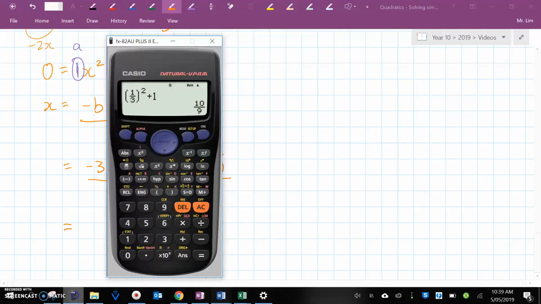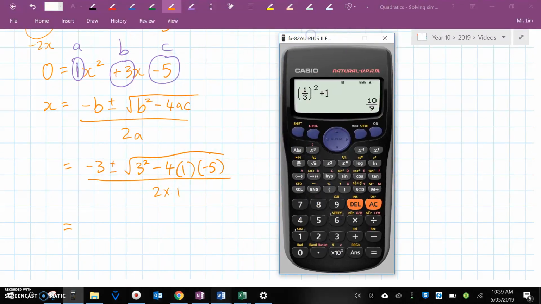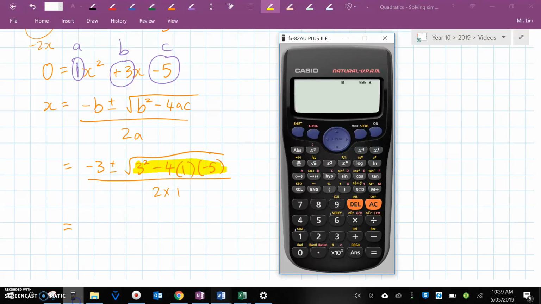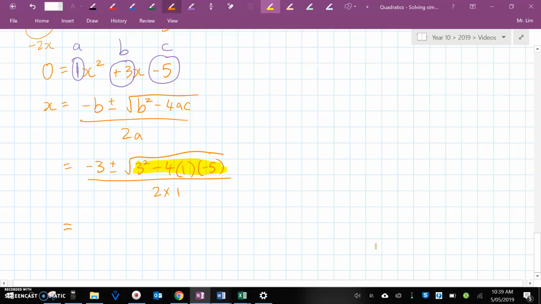I'm just going to put the determinant into the calculator. The determinant is the bit that's underneath the square root sign. 3 squared minus 4 times 1 times minus 5, which is 29. Minus 3 plus or minus the square root of 29 all over 2.